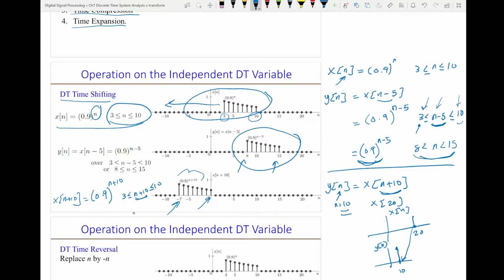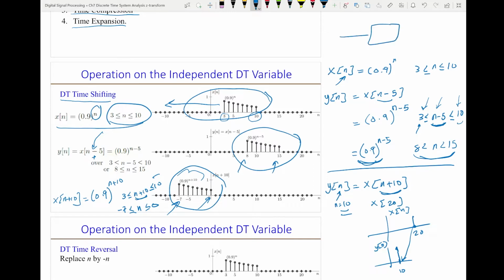Now I will subtract 10 to have n by itself. So 3 minus 10, that's minus 7. 10 minus 10, that's 0. And that's this plot. All right, just remember, minus means delay or shifting to the right, plus means advancing the signal or shifting to the left. Now, practically, I can delay the signal.